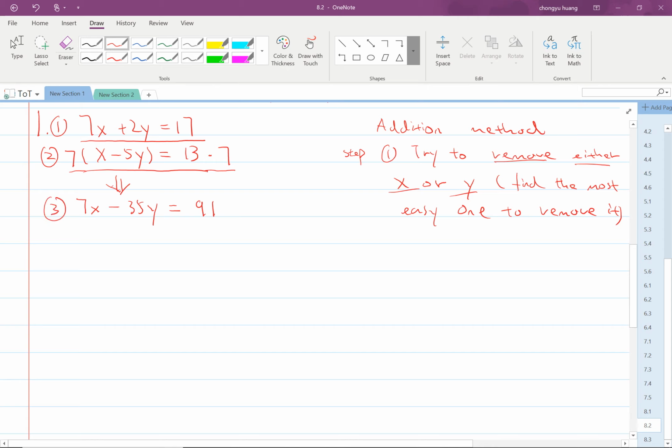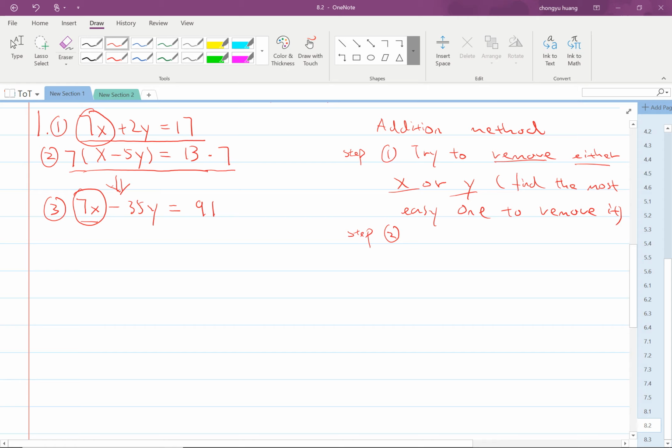Now we have 7x in both equations, so we can remove x. Let's talk about step 2.